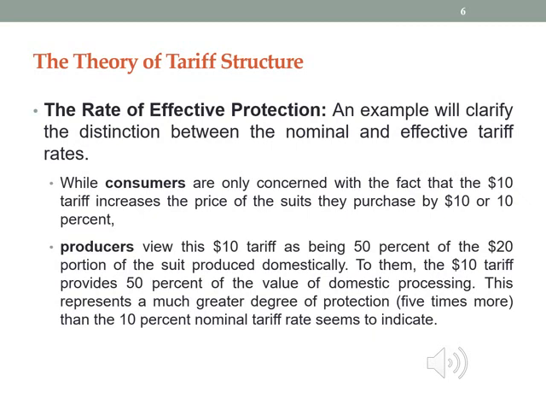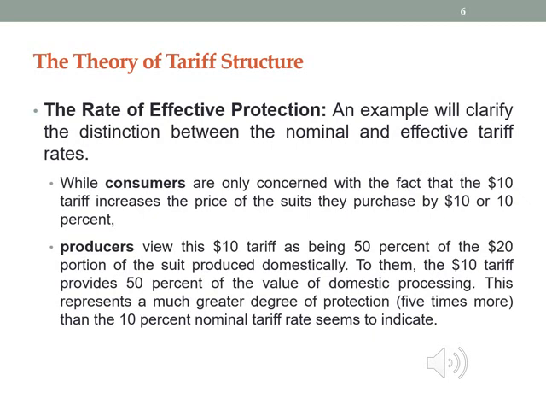While on the other hand, what producers would really care about is the rate of effective protection, because from the point of view of producers, the $10 tariff, being 50% of the $20 portion of the suit produced domestically, which is the domestic value added, provides a 50% protection of the value of the domestic processing.